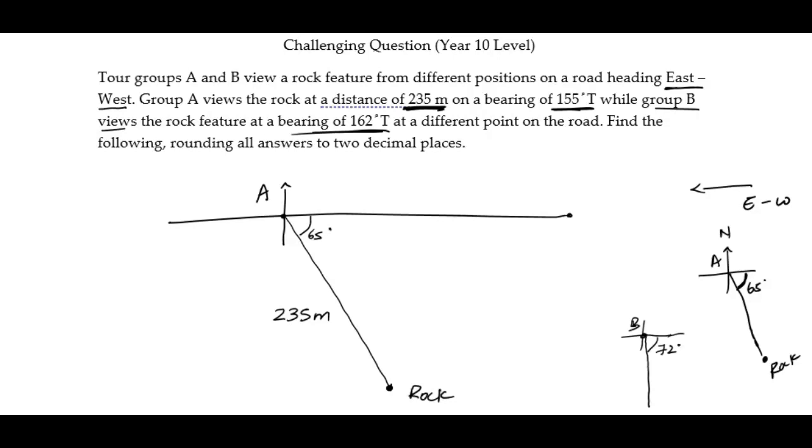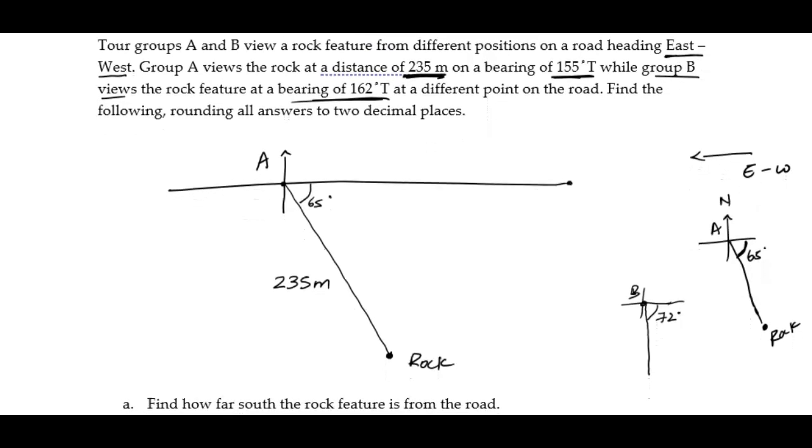Now Group B is on a higher bearing, 162 degrees. As we noticed in the rough diagram, that line is a little bit straighter compared to the one for Group A. What that tells me is that Group B could possibly be somewhere there, because a straighter line means Group B is a little closer to the rock compared to Group A. It's a true bearing of 162 degrees, so 0, 90, 90 plus 72.